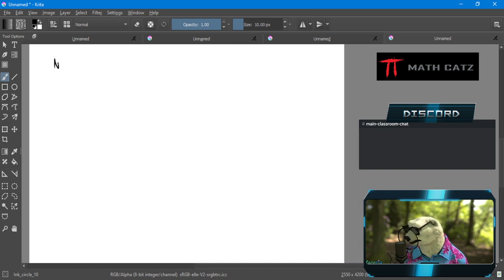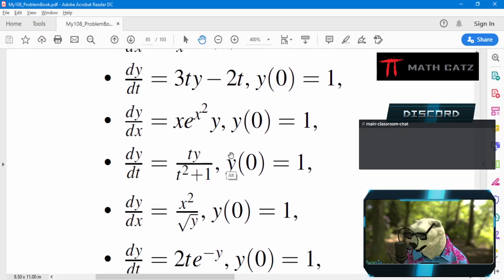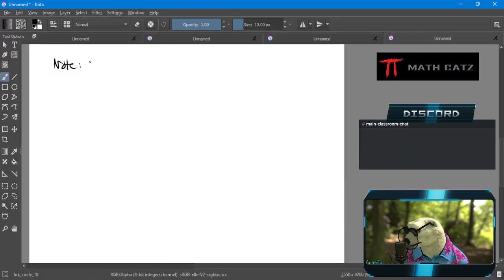Let's just make this observation. If I now happen to come across a simple one, actually I don't think there is a simple one without y's anywhere, no. If I happen to have dy dx equals 4x to the 7, I don't need to think of these differential equations as different.